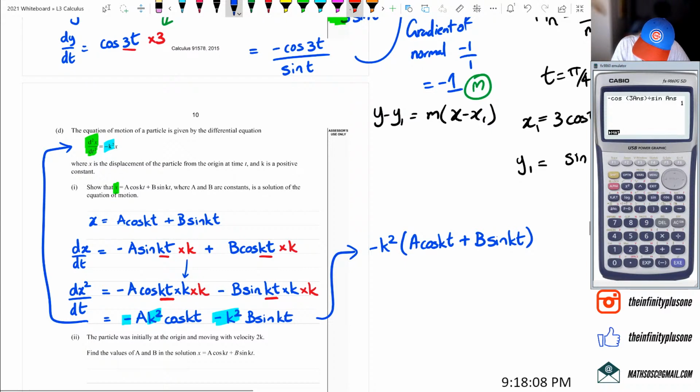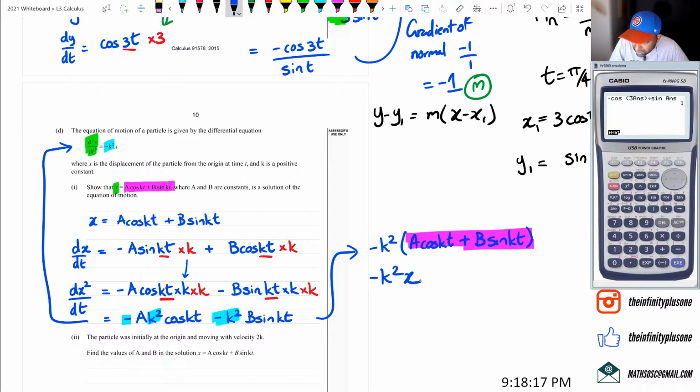And because this part right here is already equal to x, we can replace this with negative k squared x. And that's pretty much what you needed to do for part 1 of this question.